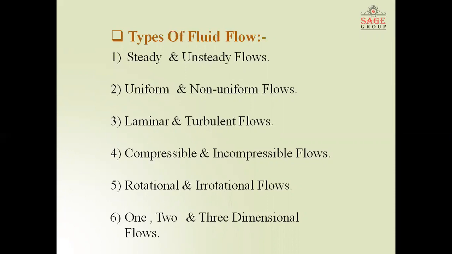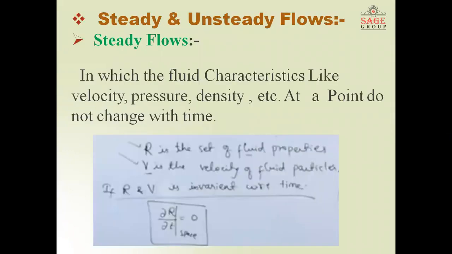In steady flow, the fluid characteristics like velocity, pressure, density, etc. at a point do not change with respect to time. Let R be the set of fluid properties and V the velocity of fluid particles. Now R and V are invariant with respect to time.